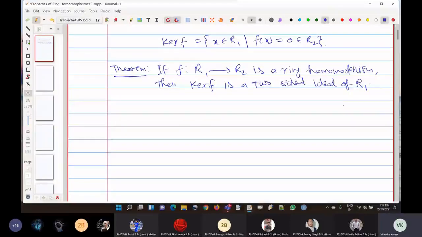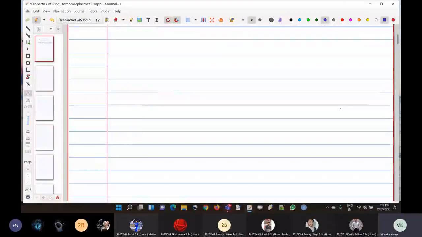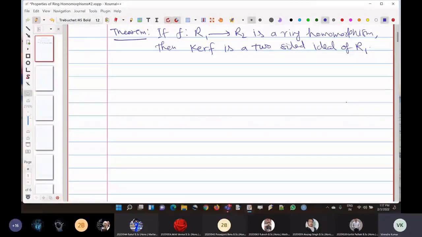Now another result we are going to discuss is about when a map, that is a homomorphism, is 1-1.